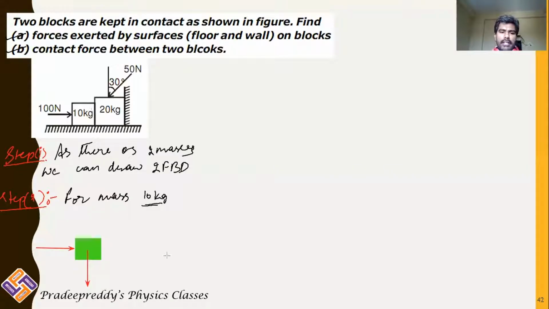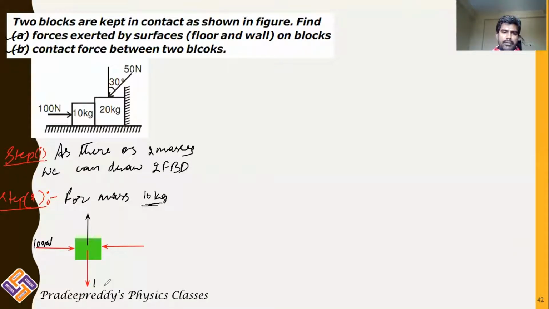Therefore, 20 kg will exert a force on the right side, and there is a normal reaction acting in the upward direction. These are the forces acting on the object. One is 100 Newton. And downward it is gravitational force.